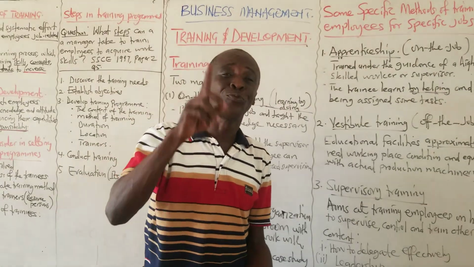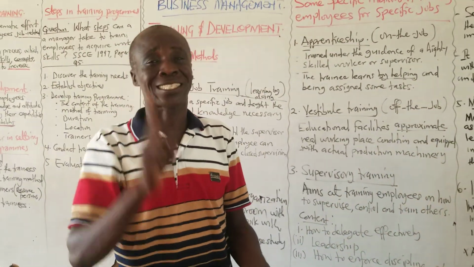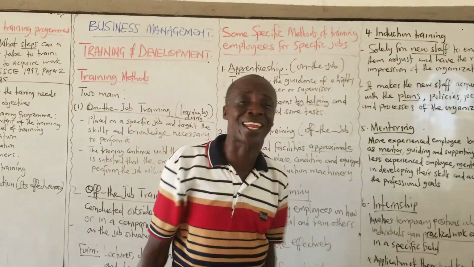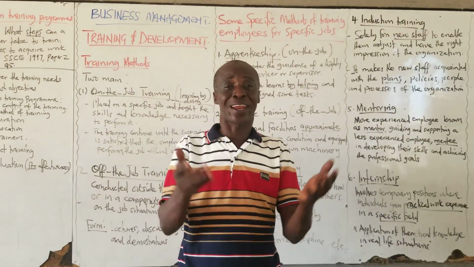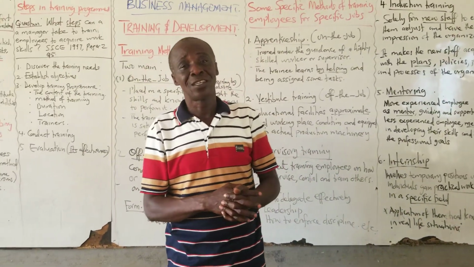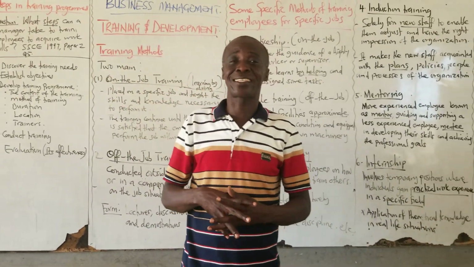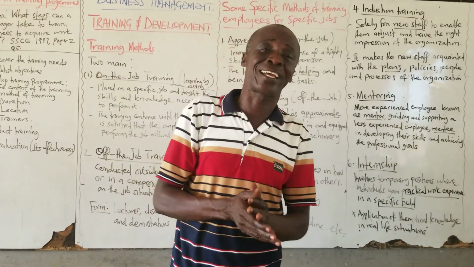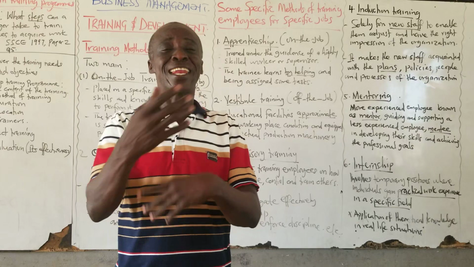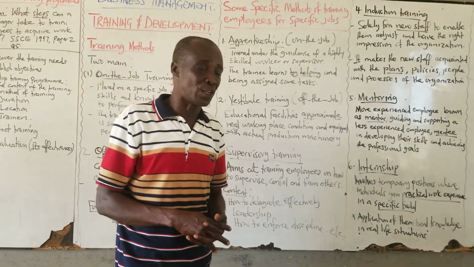So you'll be trained to have the skills on how to supervise others and how to control. And in management, when you say control, you understand what it means: you set targets, measure performance, compare the performance with the target that you have set, and then you take the necessary corrective measure where there is deviation.